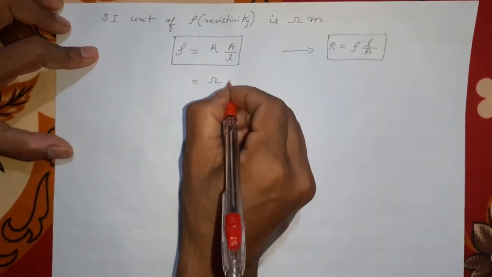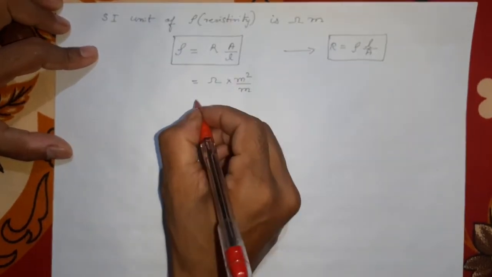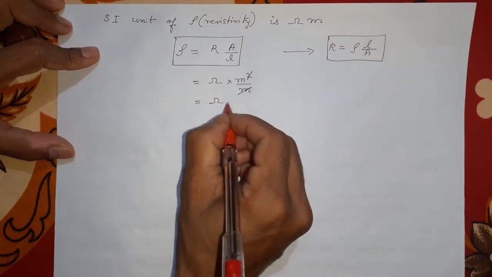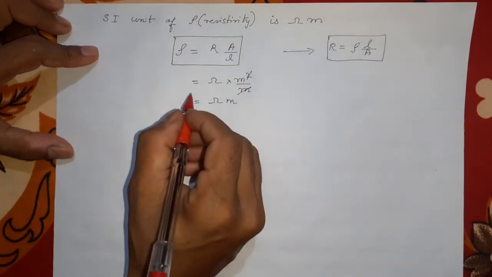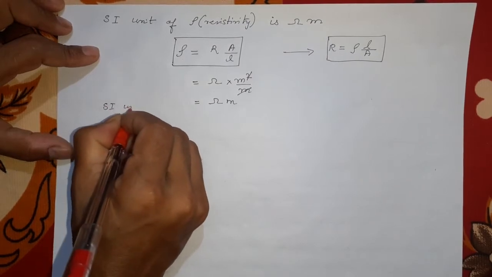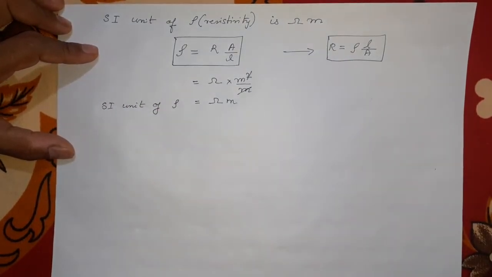Ohm, area is meter square, length is meter. Let's cancel them. Ohm meter. The SI unit of rho is ohm meter.